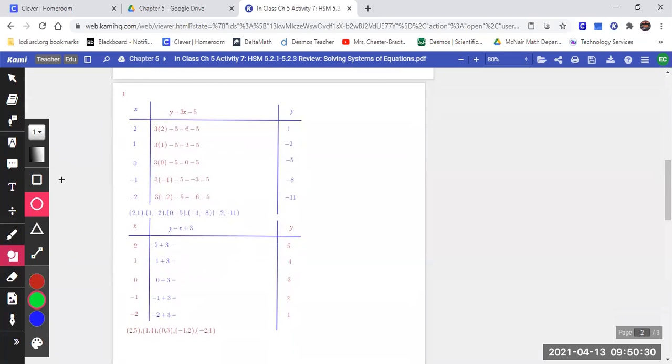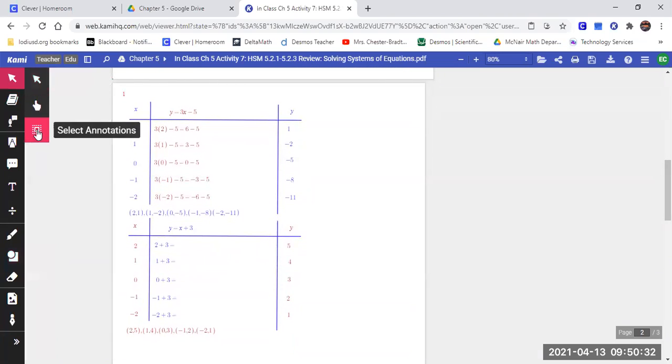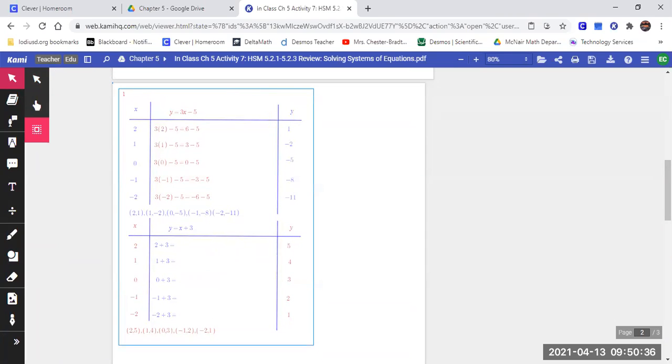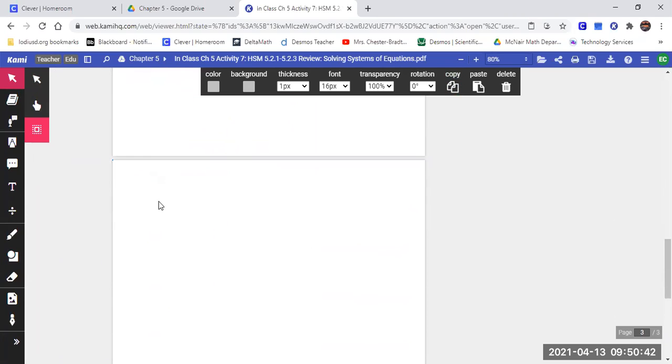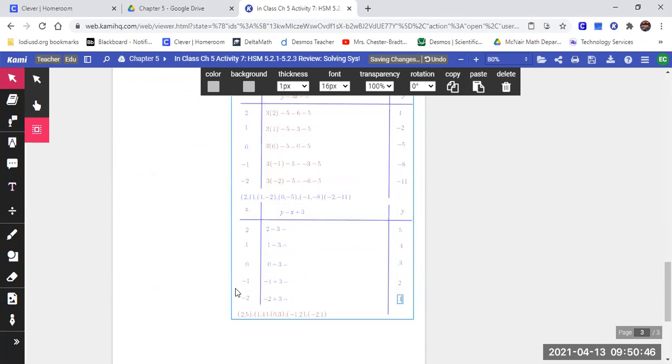I'm going to do the same process I did for number 1. So I'm going to copy that over and just adjust it for the new equations. It's okay.